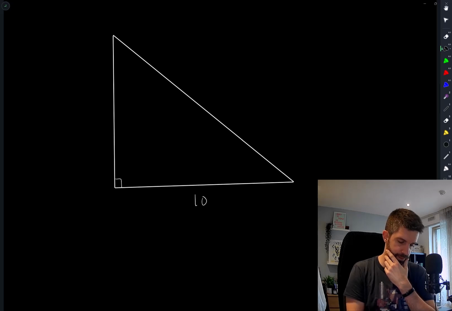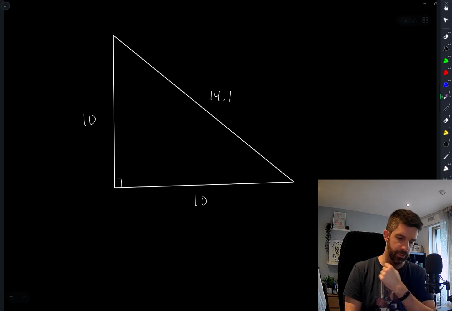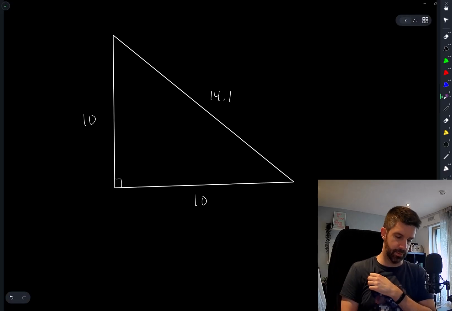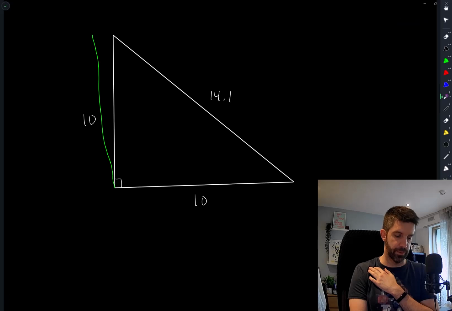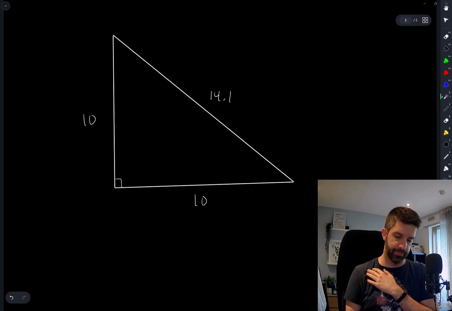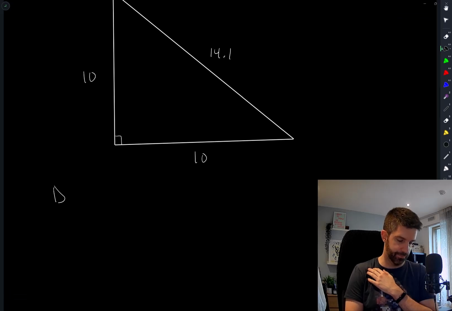This is 10, 10, 14.1. And that's going to be about as close as you're going to get of these examples. Like this is very close. If the side length is 15, we're only just moving over here. So I think the answer is going to be D, 10, 10, 15.